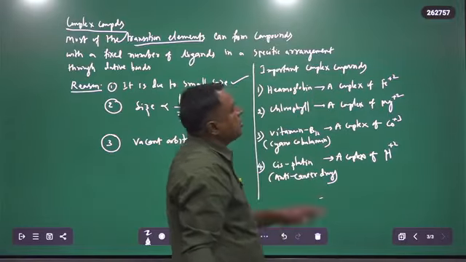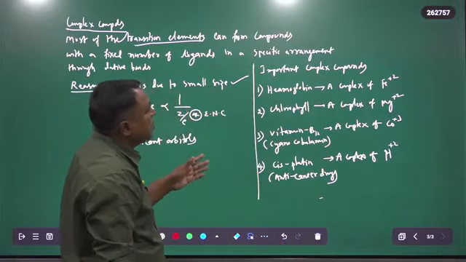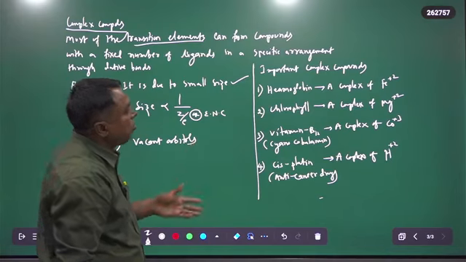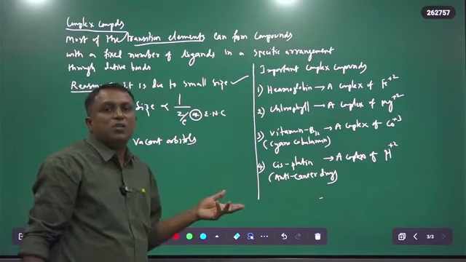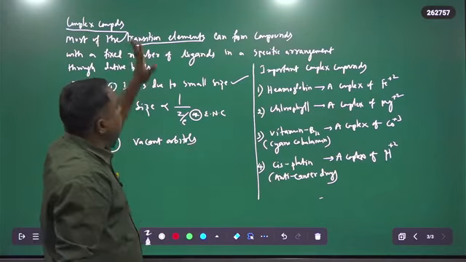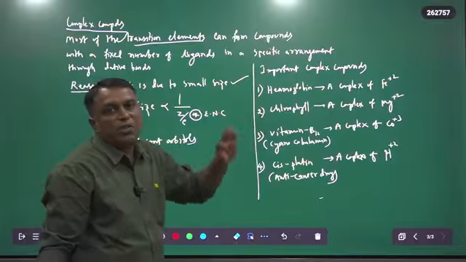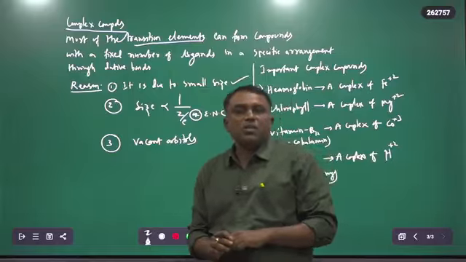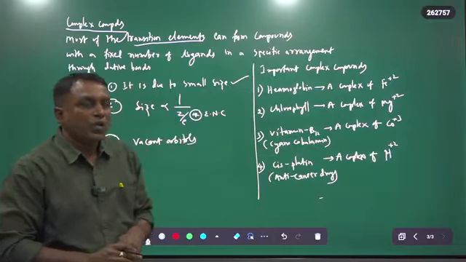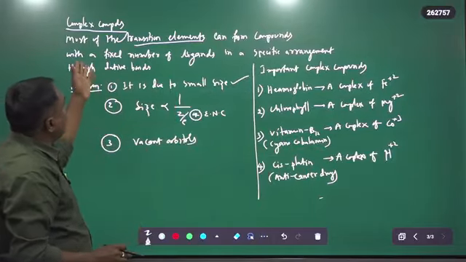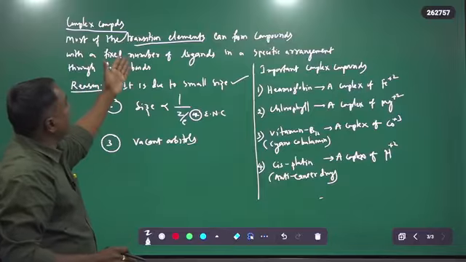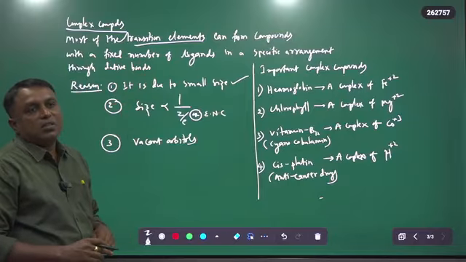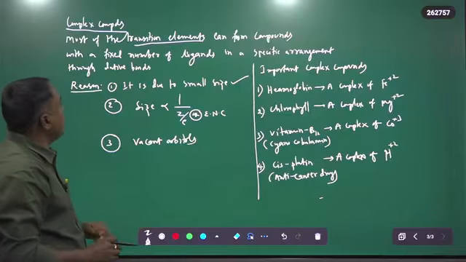So all these, Fe plus 2, Mg plus 2, cobalt plus 3, platinum plus 2, belong to our transition elements. Most of the transition elements can form a large number of complex compounds with a fixed number of ligands in a specific arrangement through dative bonds.